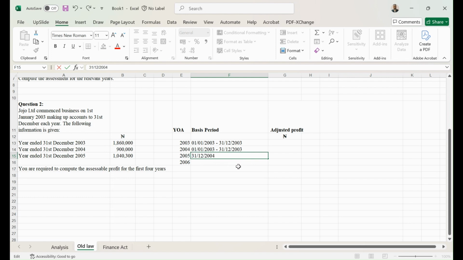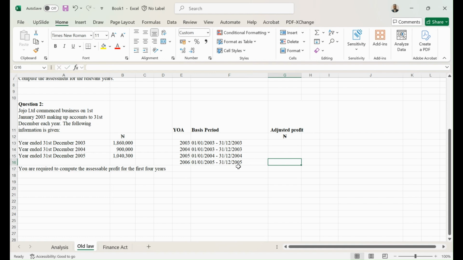Then 12 months backward, we have 1st of January 2004 to 31st December 2004. Then 2006 on the preceding year basis as well. You already know the trick, and that's going to be 1st of January 2005 to 31st December 2005.